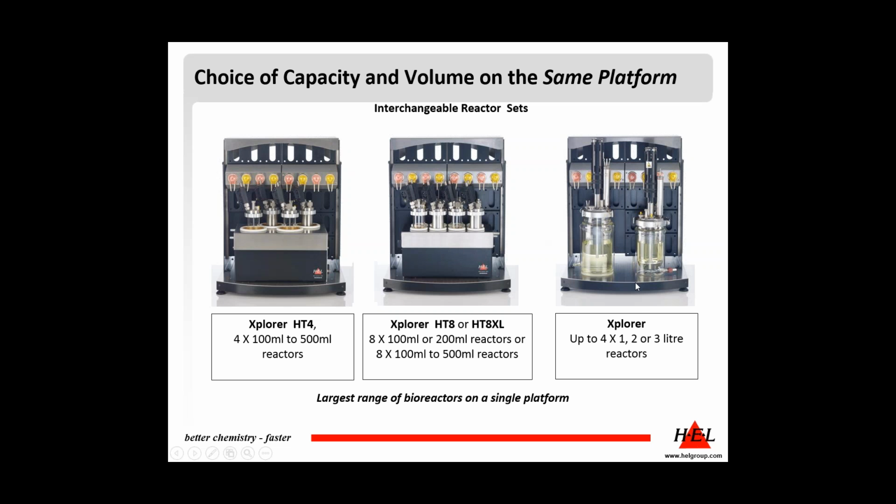To some degree, of course, you have to replace probes and perhaps increase liquid feed rates and so on, but what we want to do is make sure there is a good possibility for upgrading the system as cost effectively as possible. So at the moment this is the largest range of bioreactors that you will see on a single platform.